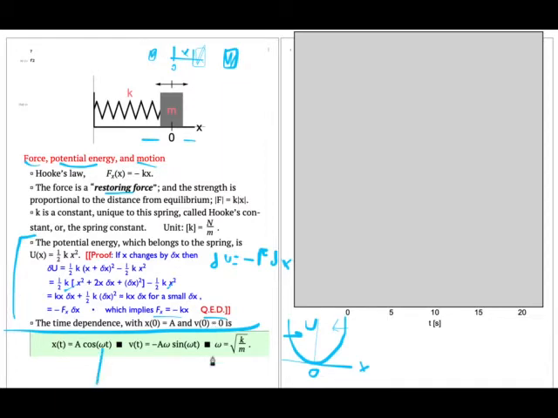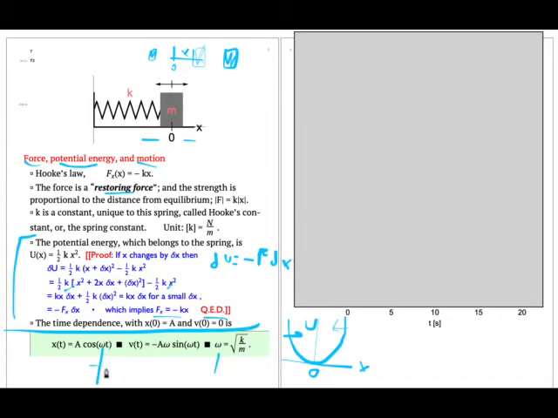We'll see in a minute that omega is the square root of k divided by m. So the angular frequency of a mass on a spring is the square root of k over m, where k is Hooke's constant. The frequency is omega divided by 2 pi. So it's the square root of k over m times 1 over 2 pi.